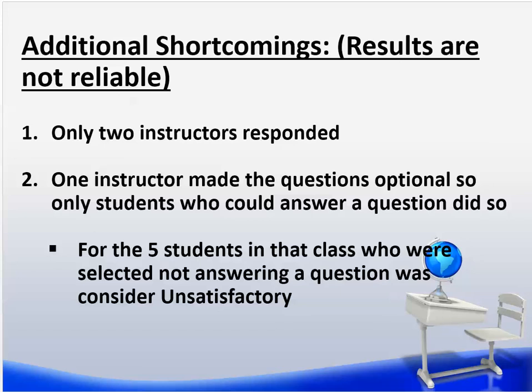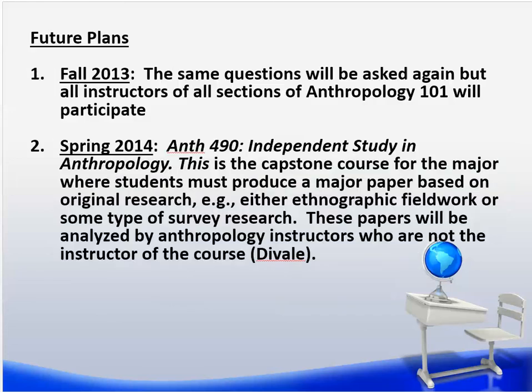The assumption was they didn't answer it because they didn't know the answer, and the questions were extra point. Again, this was a weakness of the study that I made. Plus, we didn't have enough instructors responding.